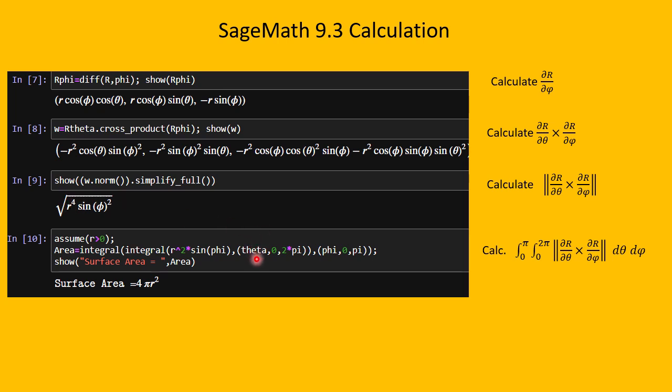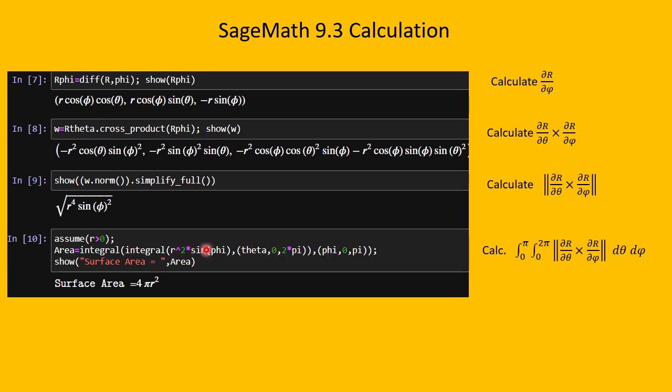And we're integrating it where theta goes from 0 to 2 times pi. And whatever this integral turns out to be, we're then integrating it again, where phi goes from 0 to pi. And then we want to see what the area of this is. Remember, area equals this stuff. So I'll put a show statement in here to display the results. Show the string surface area equals, and then whatever the area was that we computed up here.